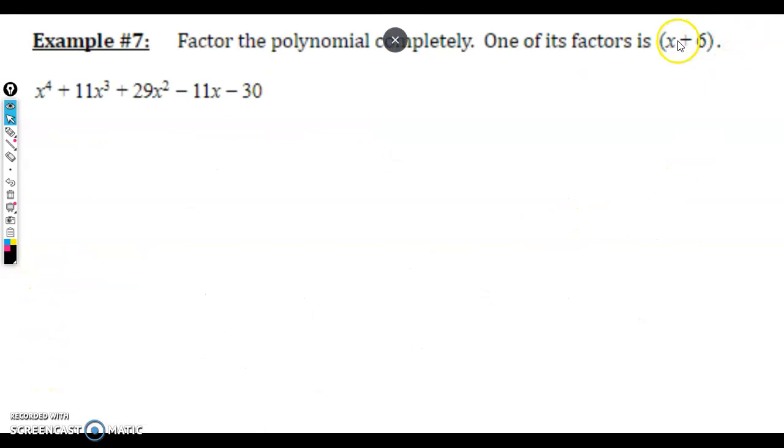Example 7 gives me one factor in the big polynomial. So if I take the polynomial divided by a factor, I'll get another factor. So basically it's this divided by x plus 6. So I have my x to the fourth all the way down to x to the third, second, first, and my constant.